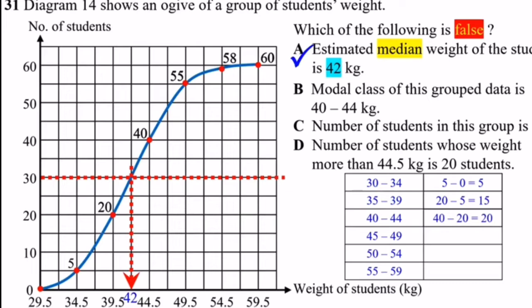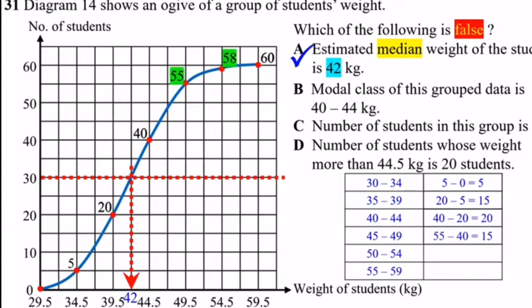From 40 to 44, you have 20 students. And followed by, we take 55 minus 40. That is the number of students whose weight is between 45 to 49. So we have 15 students there.